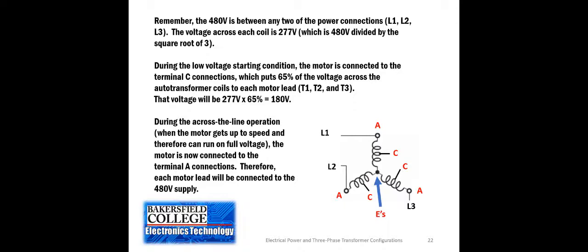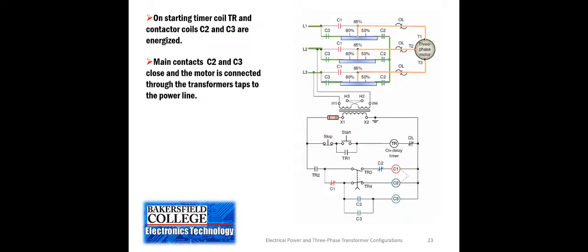We're not going to delve that deeply into it, but just know that it's not 180 volts three phase going into the motor. It's greater than 180 volts, but it's much less than the 480 that normally would go into the motor. So this is the way that circuit actually operates with the auto transformer.